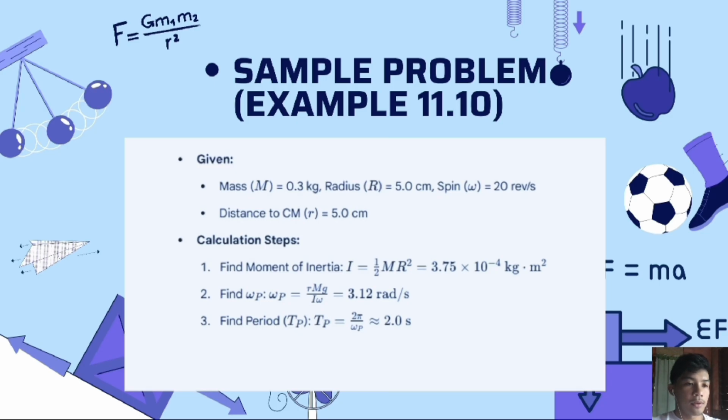Step 1 is find the inertia. The inertia is 3.75 times 10 to the power of negative 4. So we will substitute it here. So 3.12. Step 3 is the answer we got earlier. So 2.0 seconds.